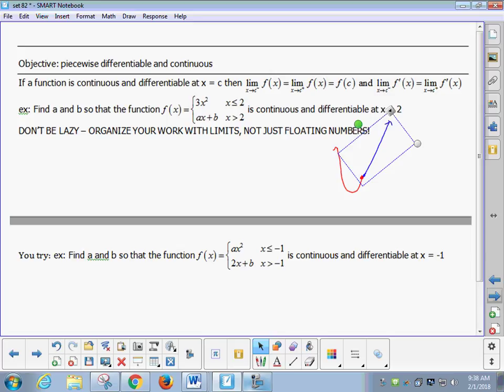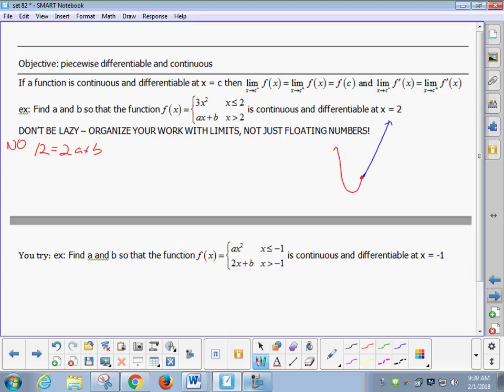That's the question then. What do A and B have to be? Well, this is the work I would like to see. Do not give me just this, this is garbage. I don't want to see this. 12 equals 2A. That is meaningless. On a multiple choice question where I'm not going to see your work, okay, maybe.